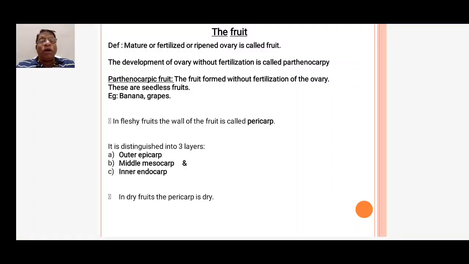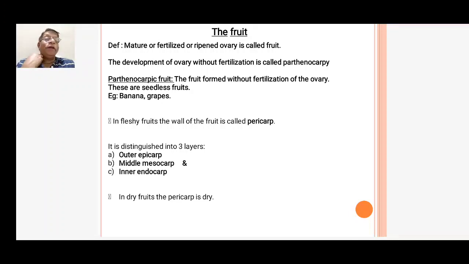Above the stigma, we spray what is known as a hormone. Because of this hormonal spray, the ovary behaves as if it is fertilized, so it develops into a fruit. This is how seedless fruits are developed.